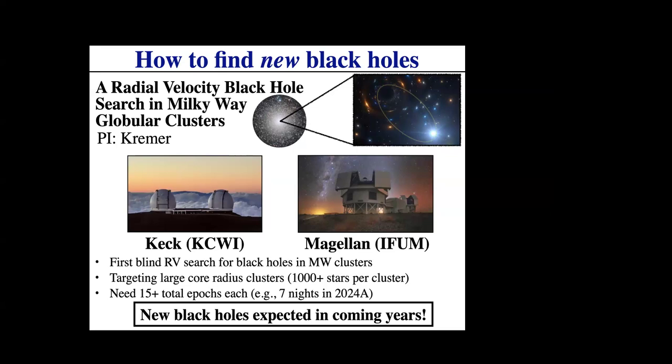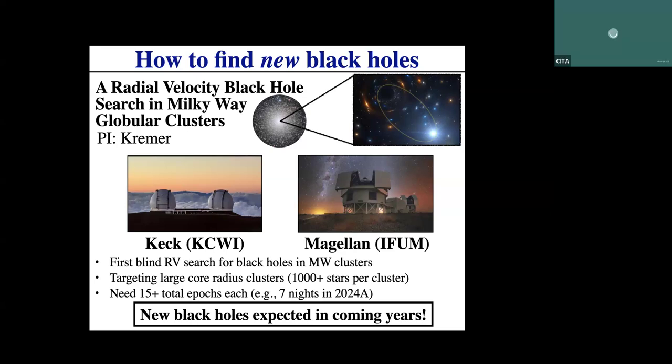We got 7 nights on both KCWI on Keck, which is Keck's integral field spectrograph, and also Magellan's integral field spectrograph this year. So I think in the next few to 10 years, it's very likely we'll be able to detect additional black holes in globular clusters through this radial velocity method.